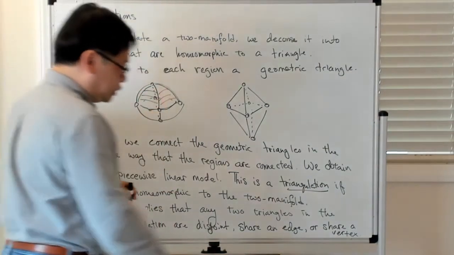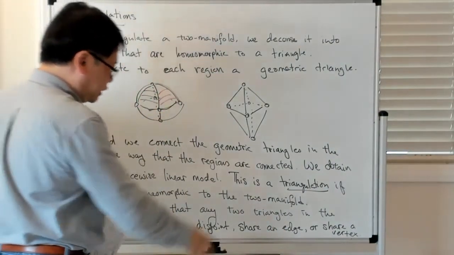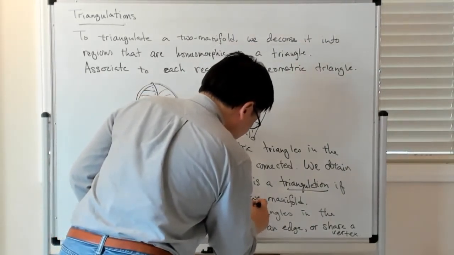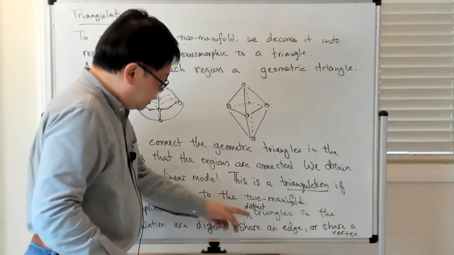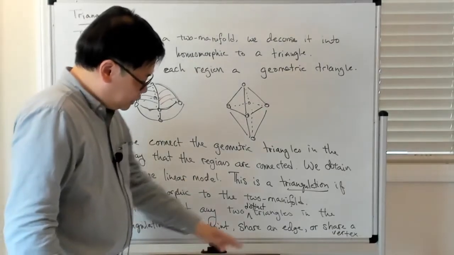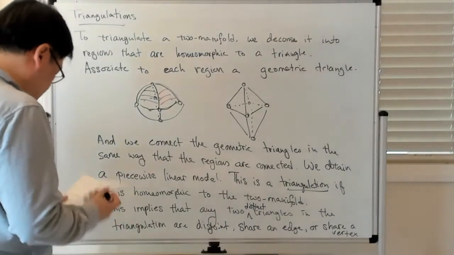It's not possible to share two edges without actually sharing the same face. And I should say, any two distinct triangles have to be either totally disjoint, or share just one edge, or share just one vertex.